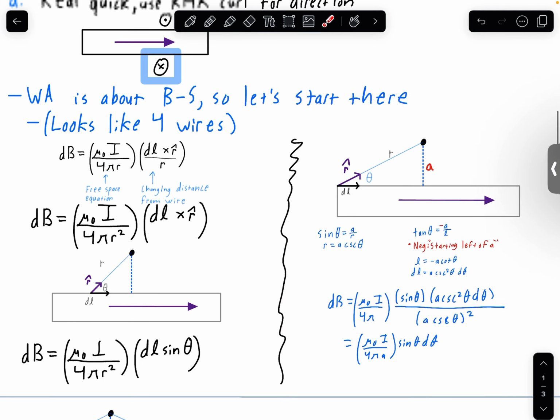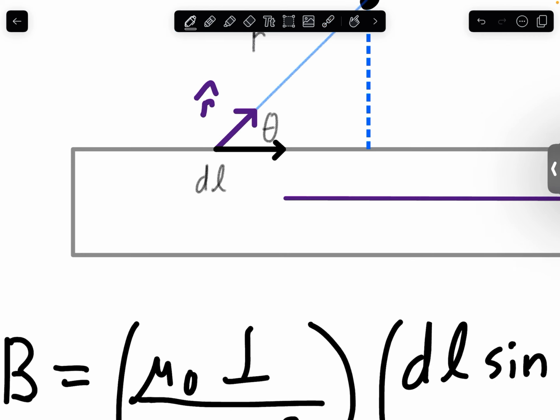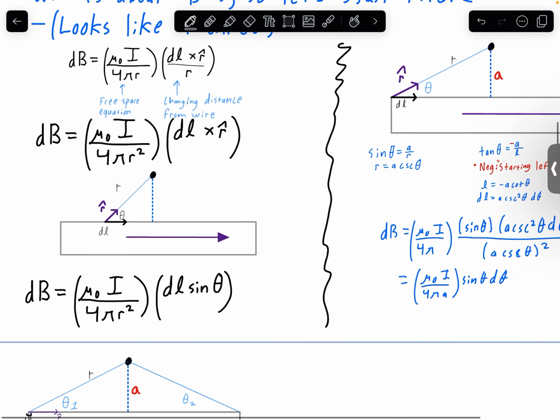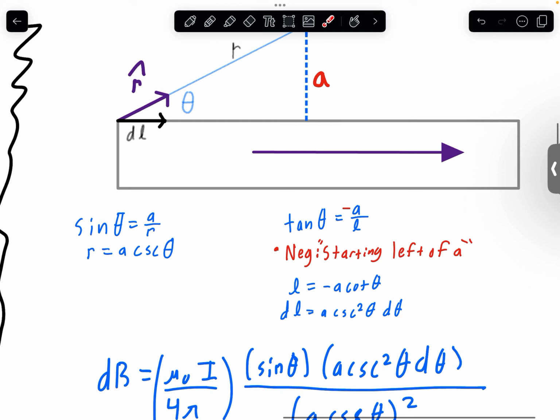So that's cool. We're going to be able to plug something in for the r down here. Because mu naught, current, 4 pi, we know all of that, but these parts we still have to put into regular terms. And so that's our r, perfect.